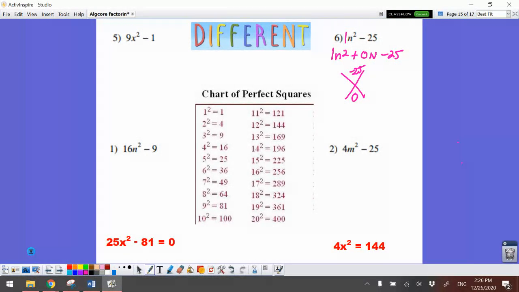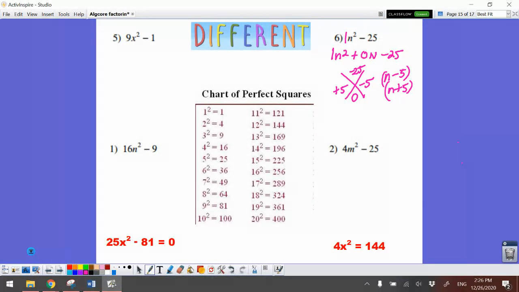Well, my only options are positive 5 and negative 5. So if I factor that, it's going to give me n minus 5 and n plus 5. And these are called difference of squares, okay?